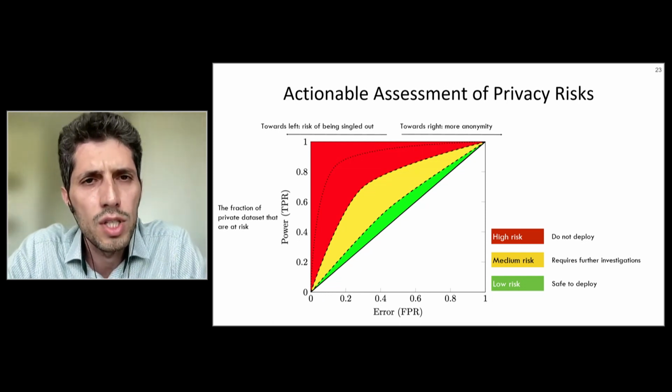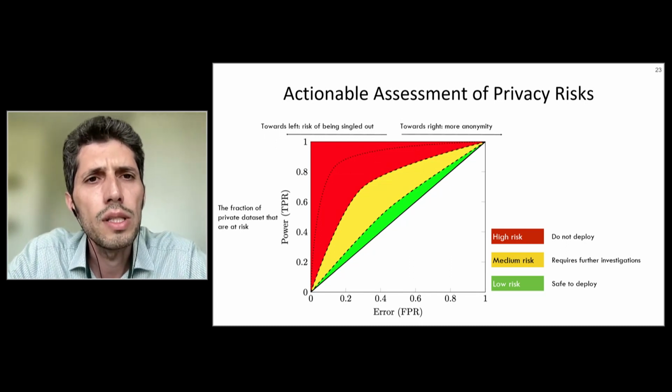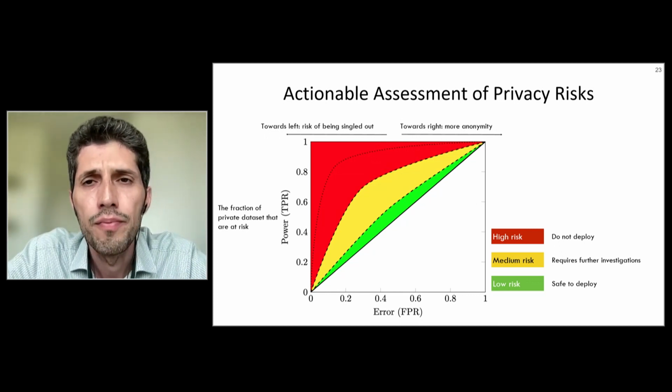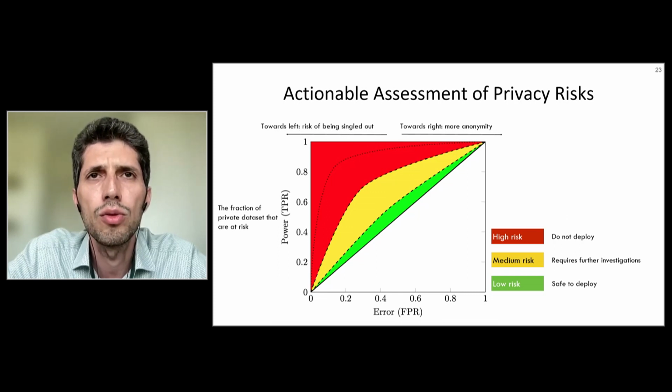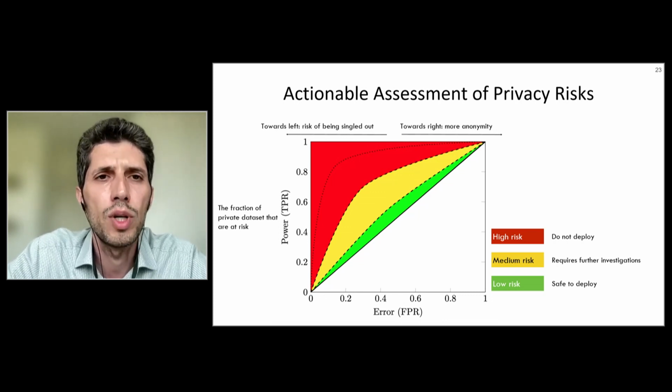So here we see the plot again, and this is very important. The x equals y line corresponds to the case where the adversary has no idea in which world he is in. This means that we did not manage to identify any information to exploit in order to infer which data points were in the training set.